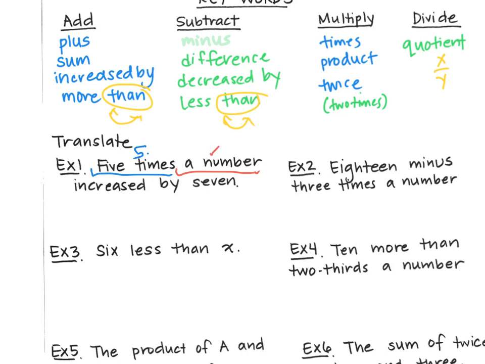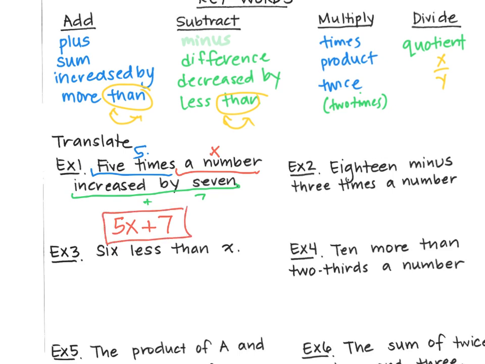So I'm going to use x for my variable, but you could pick any letter you like. Increased by 7. What does increased mean? Increased is on add, so I'm going to add 7 to that. So my final expression is 5x + 7.